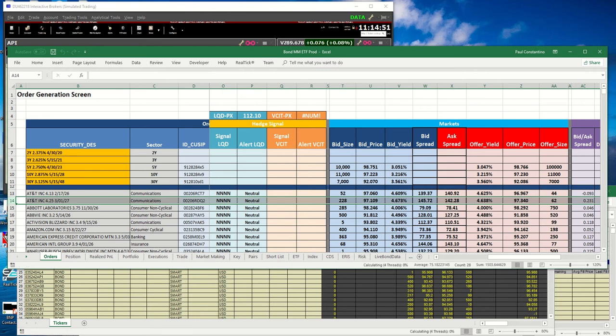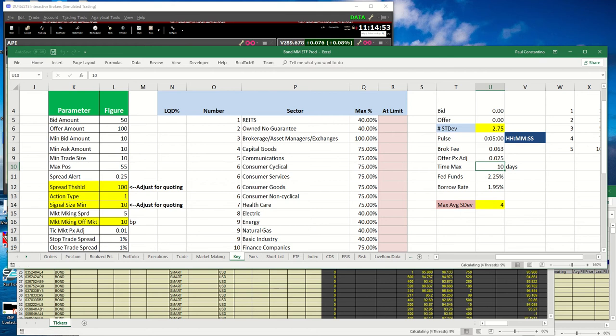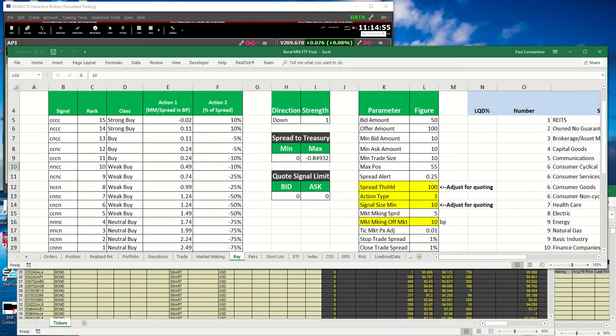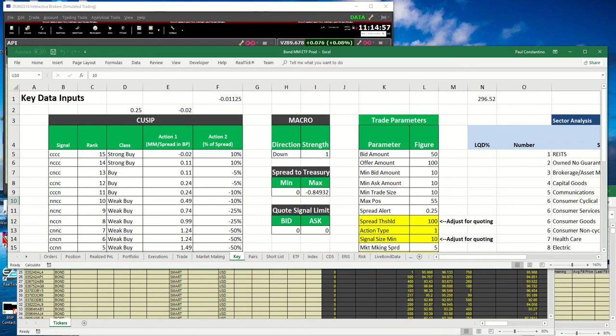The model has the ability to look at parameter inputs and change those inputs to make the spreads tighter or the spreads wider, whatever one wants to do. So if I make some changes to these inputs and make this tighter, you'll see that this will have a change to the input prices that go into the model.